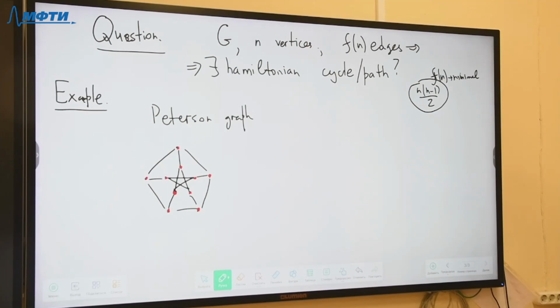Maybe I will write some other graphs. In each of these graphs, you need to find whether there exists a Hamiltonian cycle or Hamiltonian path. So is this graph Hamiltonian?